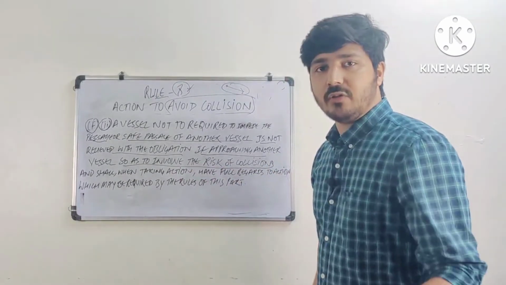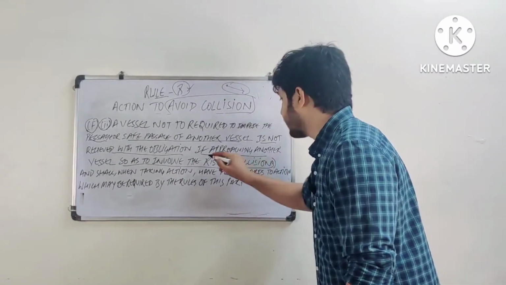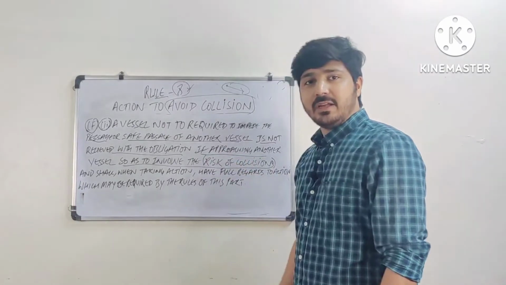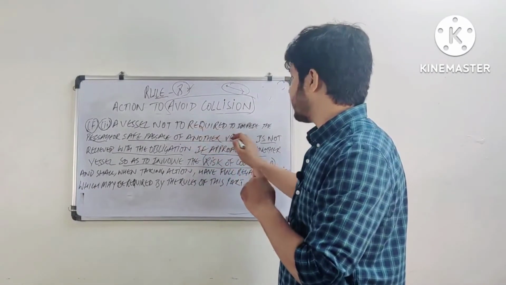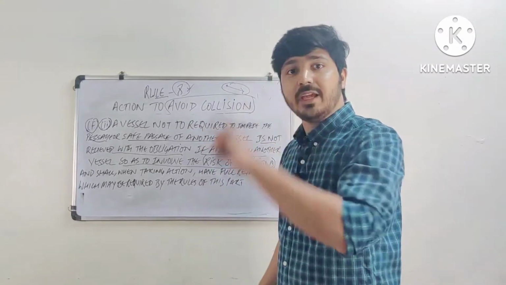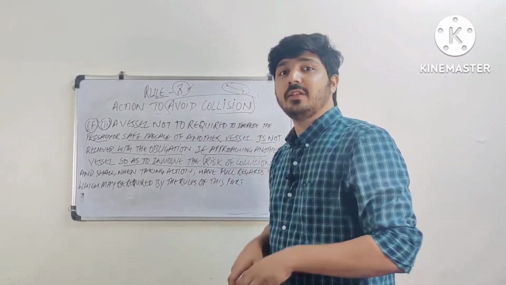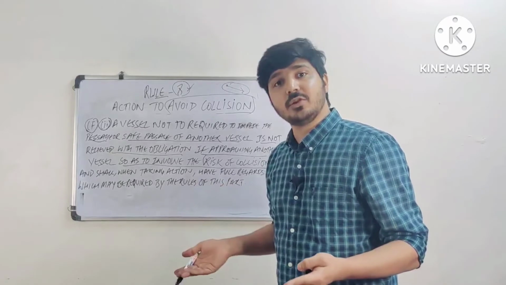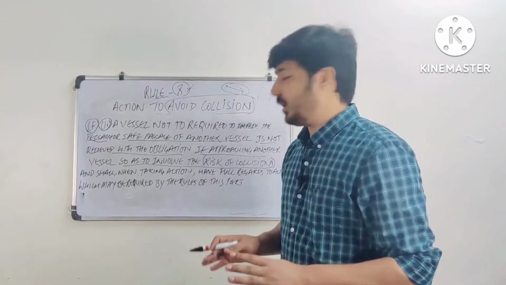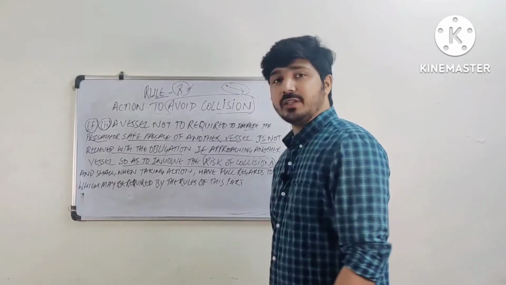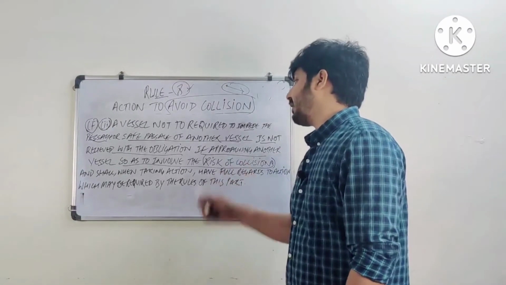Now they have introduced the wording risk of collision. In the earlier part I told you that the vessel which should not impede the passage of another vessel should take early action so that there is sufficient sea room, so that the risk of collision does not occur in the first place. Okay, and now in this situation the risk of collision does appear.